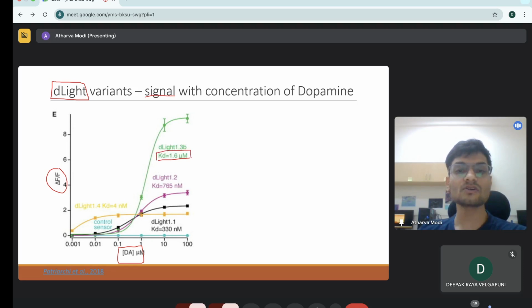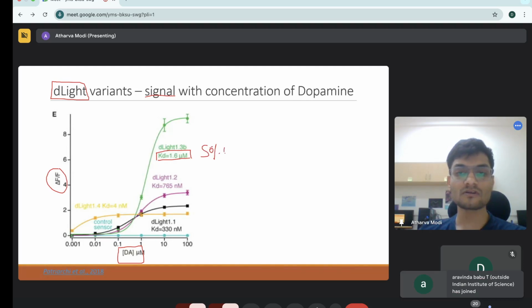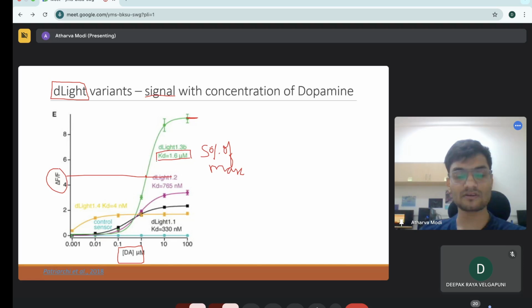The dissociation constant means the concentration of dopamine at which you achieve 50% of max signal. This is the max signal, around 9, so this is 4.5. This is the KD point for this dLight 1.3b.